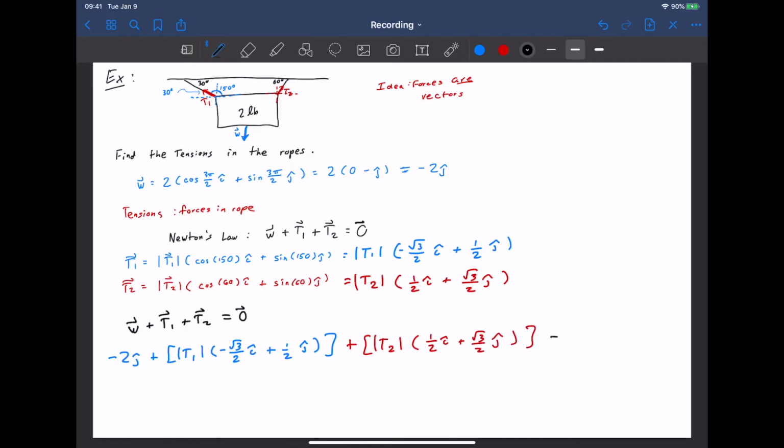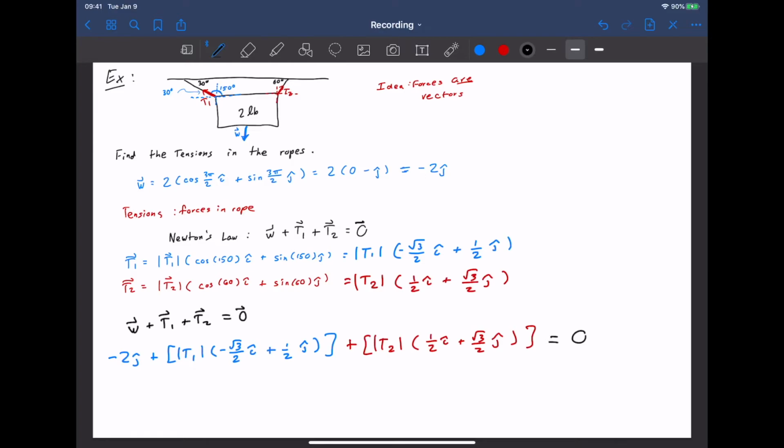All that has to add up to 0. If that's true, it must be that the I components all add up to 0 and the j components all add up to 0. So what I'm really going to do here is add things up by their like terms. I'm adding the I stuff and the j stuff.